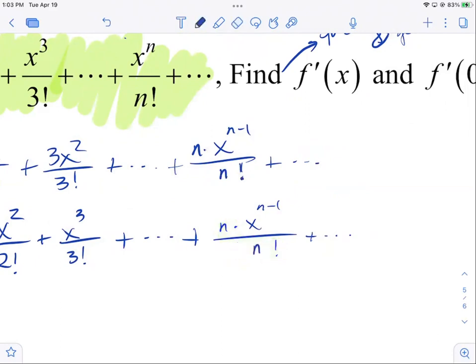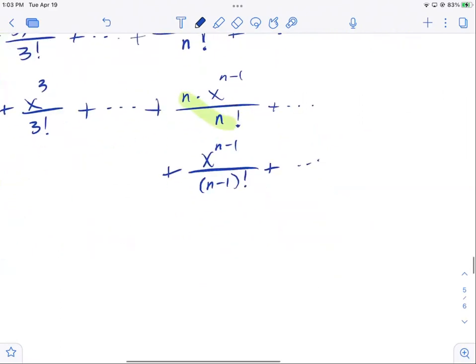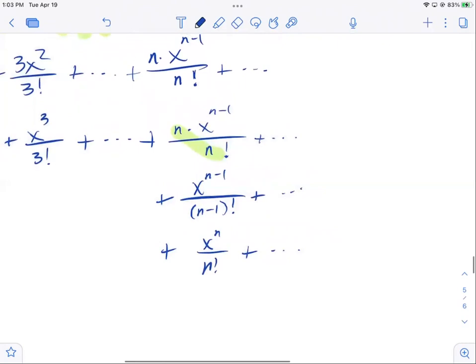It didn't simplify, right? What does n over n factorial simplify to? It simplifies to 1 over n minus 1 factorial. But hey, isn't that just capturing the same pattern as x to the n over n factorial? Yeah. So which of these general terms is correct? All three of them. As long as they capture the pattern, you're good.